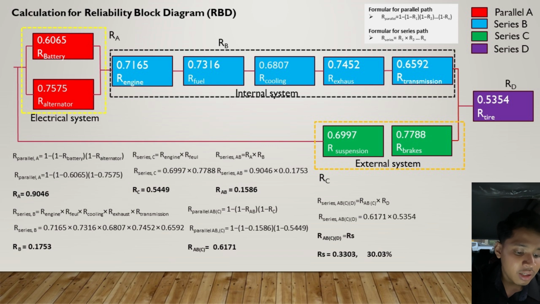Finally, we get R series AB times C times D, and we get the answer for RS is 0.3303, which means the reliability is 30%. Basically, in the automotive industry, 30% reliability we can consider as low reliability.